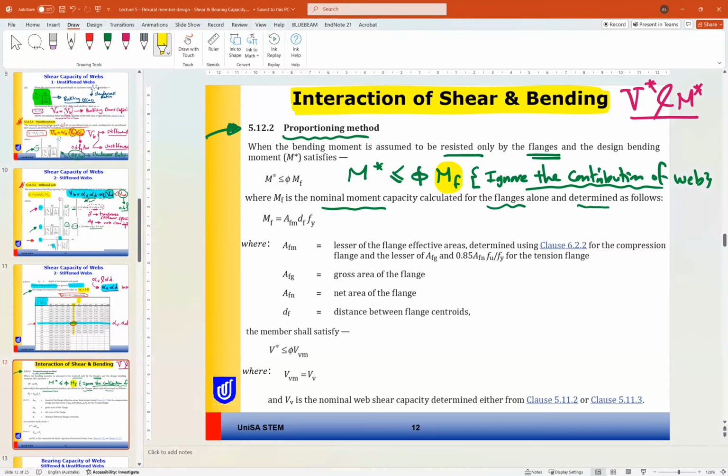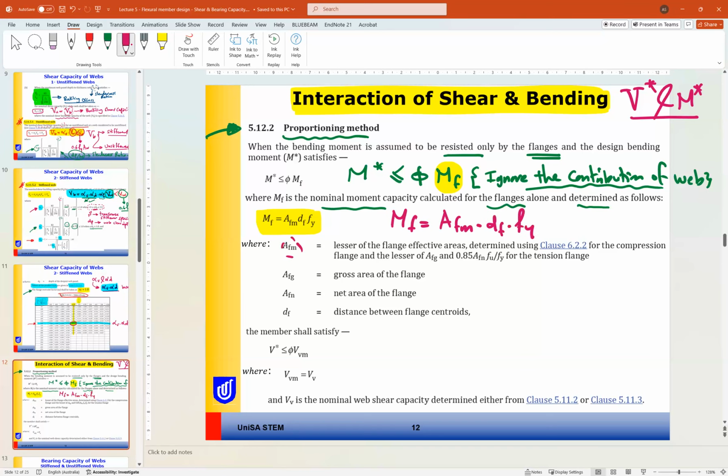So as you can see, the moment Mf equals Afm times df times F yield.